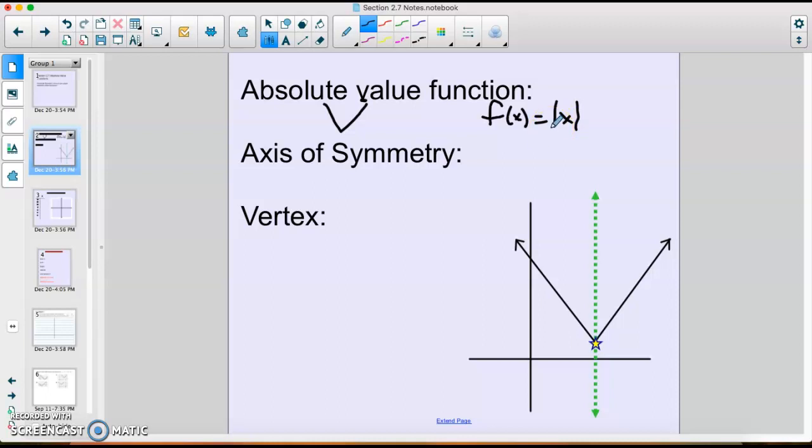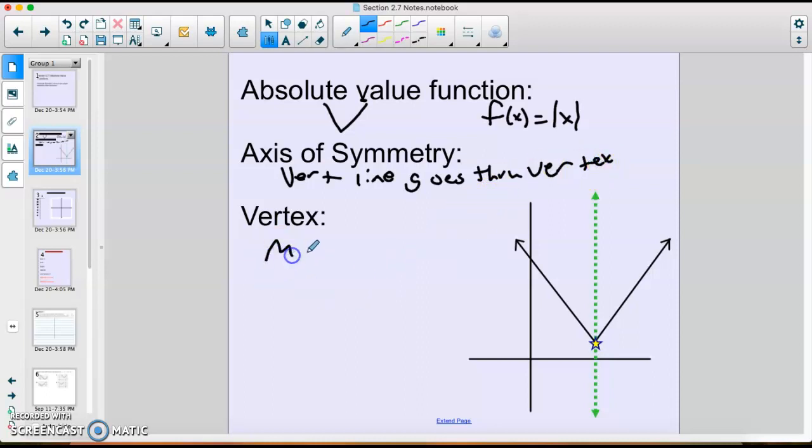All right, so we have an axis of symmetry, and that is a vertical line that goes through the vertex. Now what is the vertex?